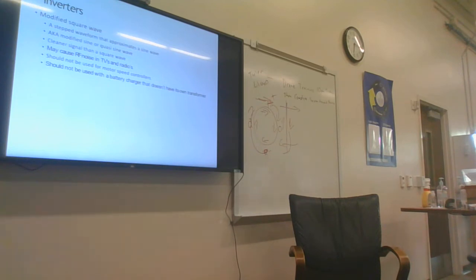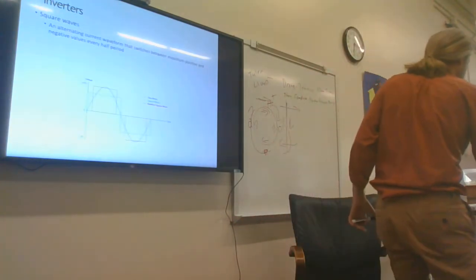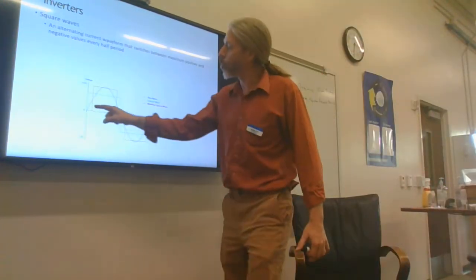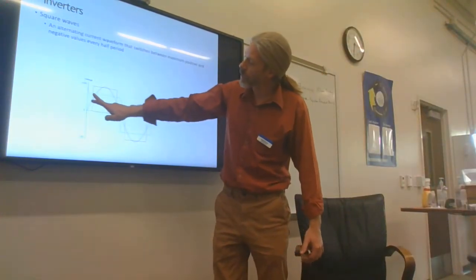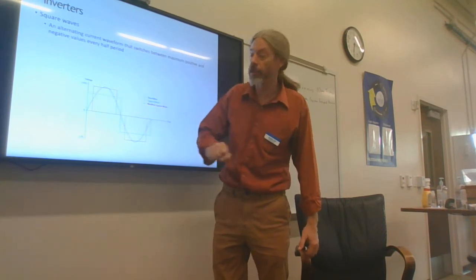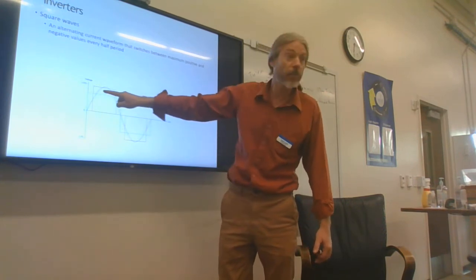Okay, I can have theoretically thousands of steps, and I can very closely approximate this shape with the use of diodes, transistors, thyristors, and capacitors. What we are actually able to do is take the wasted energy in here and store it in a capacitor to be released up here.